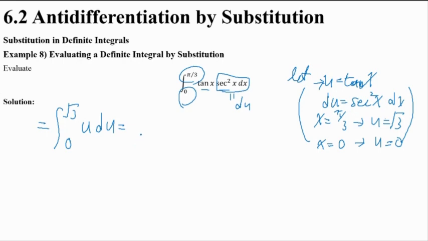So now this integral will be u squared over 2 for boundary square root of 3 and 0. You may know, just plug in upper boundary, subtract lower boundary. So plug in square root of 3 squared, which means 3 over 2, and 0 will be 0. So it will be 3 over 2.